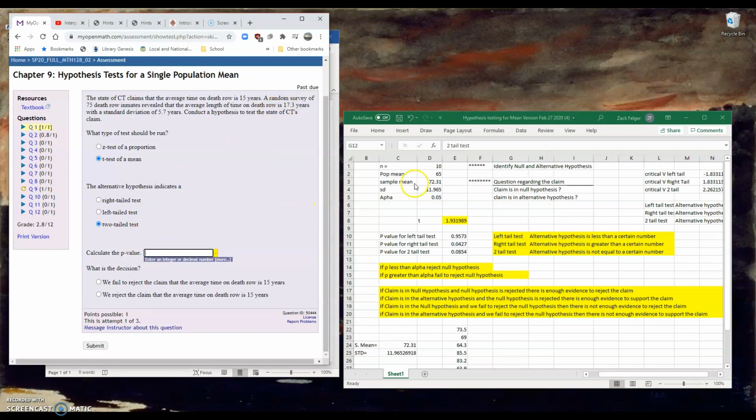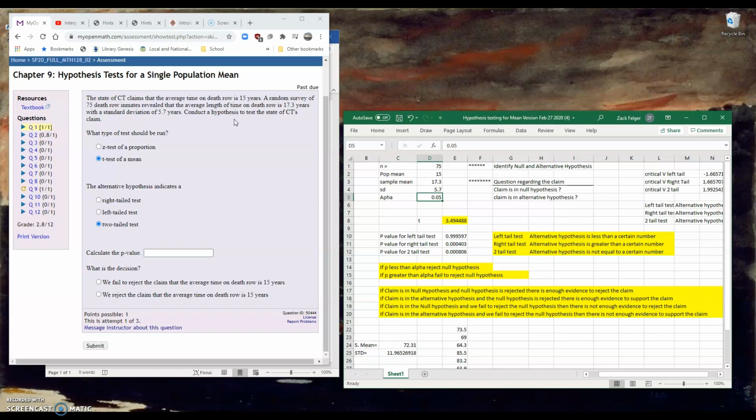Now, to calculate the p-value, all we're doing is using our hypothesis testing for a mean spreadsheet. We are given a sample size of 75. Our population mean is 15. We have a sample mean of 17.3, a standard deviation of 5.7, and we use an alpha of 0.05 since it's a two-tail test.